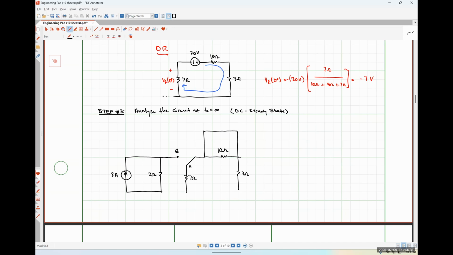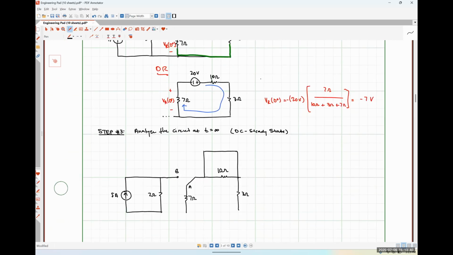Actually, I got those backwards. Sorry about that. Here is IL at infinity, and here is VR at infinity.